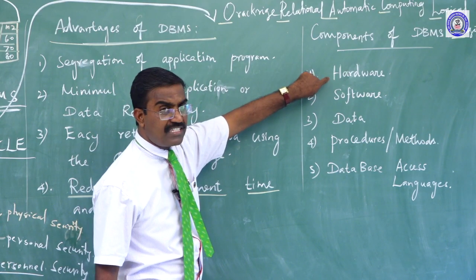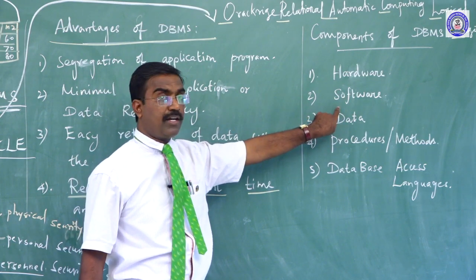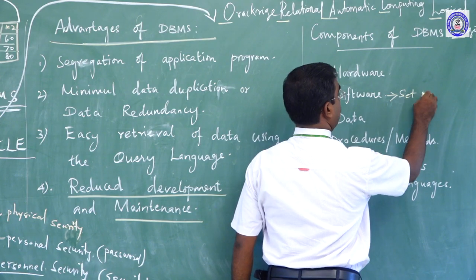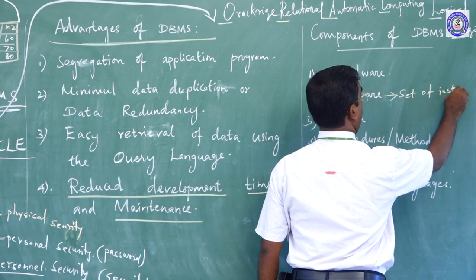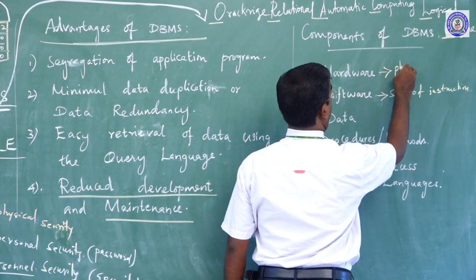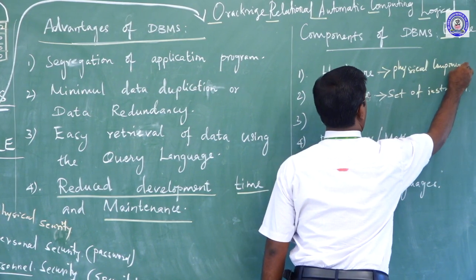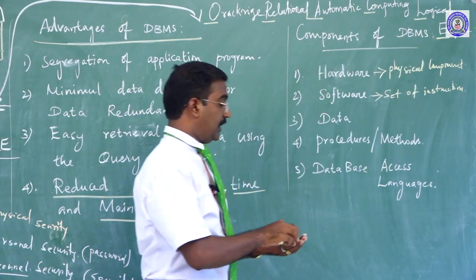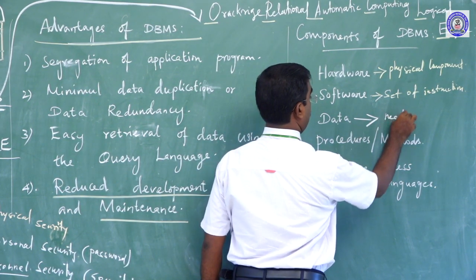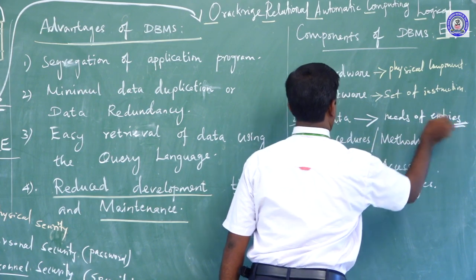It is nothing but the physical part of a computer, and software is the non-physical part of a computer, or a set of instructions. Hardware means physical components. And then what are the needs? Data.